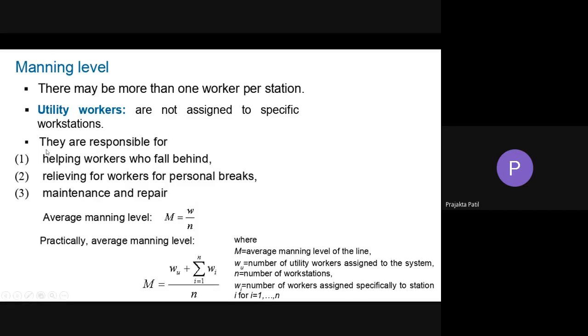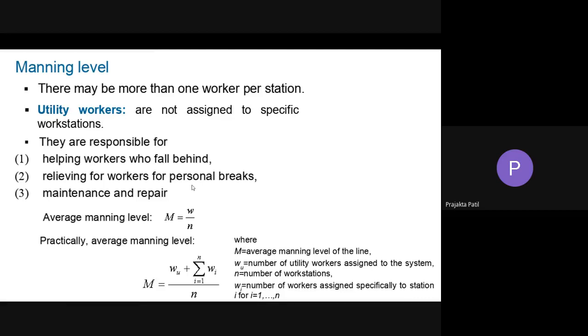There is one more function: they are also responsible for tool change and tasks related to the tools. Maybe there is some tool change that has to be done, or maybe whenever there is some breakdown happening because of the tool, they look into those things.